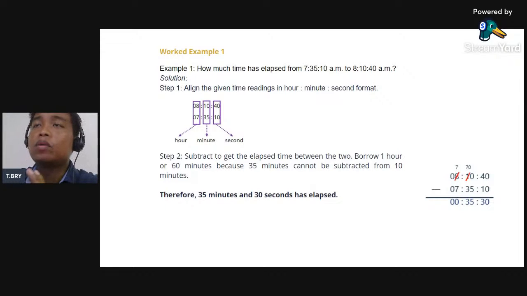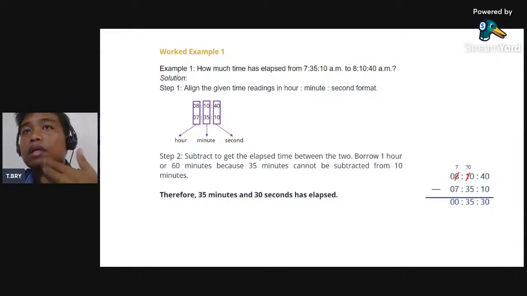Solution. Step 1, align the time readings in hour, minute, and second format. First, identify the bigger time, because in finding the elapsed time, the 8 is the end. Step 2, subtract to get the elapsed time between the two.